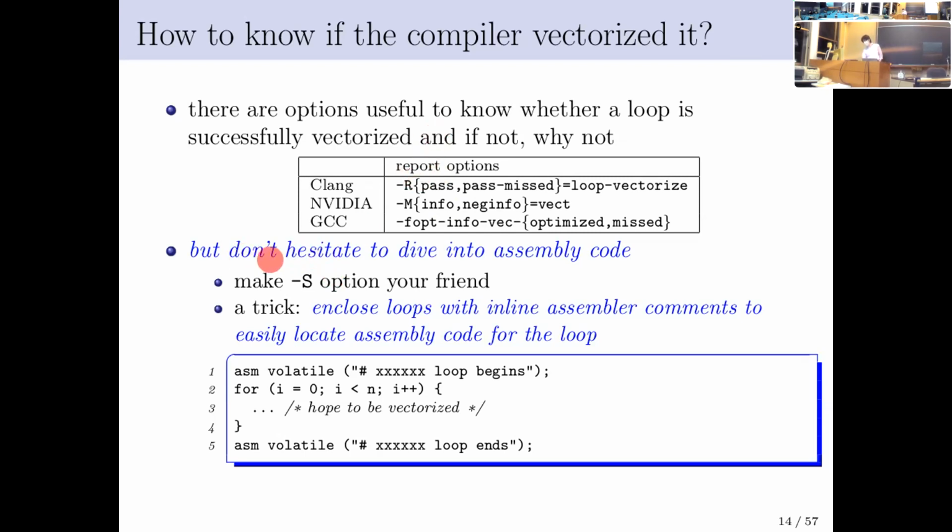Don't hesitate to look into the assembly code generated by the compiler. For that, you simply give the -S option to the compiler, and the compiler generates the assembly code as a separate output.